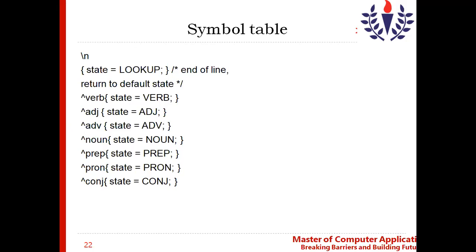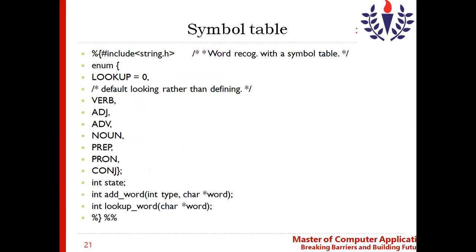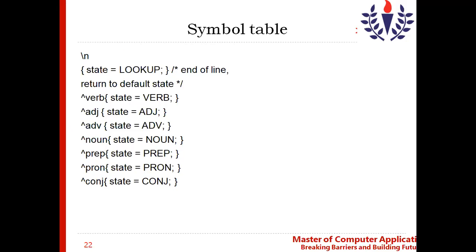Now, we have some other pattern: caret symbol followed by verb. In the beginning of the line, if the input starts with verb, then state is equal to verb. Already the verb value is 1, so state is equal to 1.